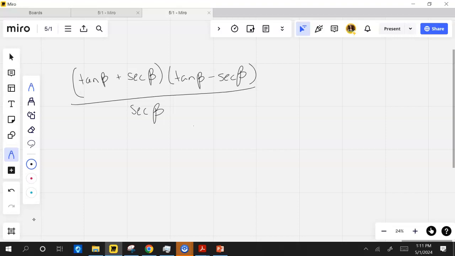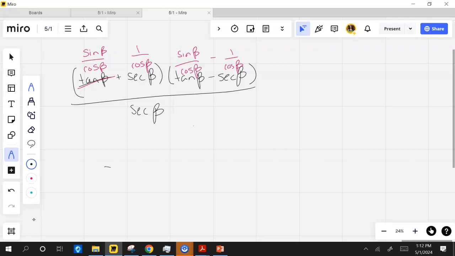Okay, we'll do it y'all's way. He's saying change this to sine over cosine, change this to 1 over cosine. Same thing over here, sine over cosine, and this one to 1 over cosine. Now they both have common denominators, right?